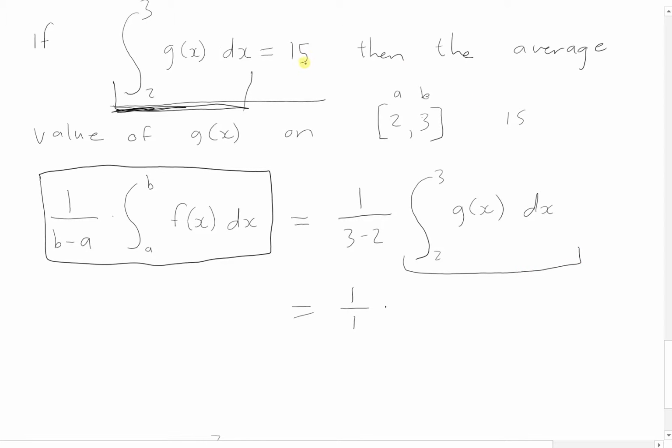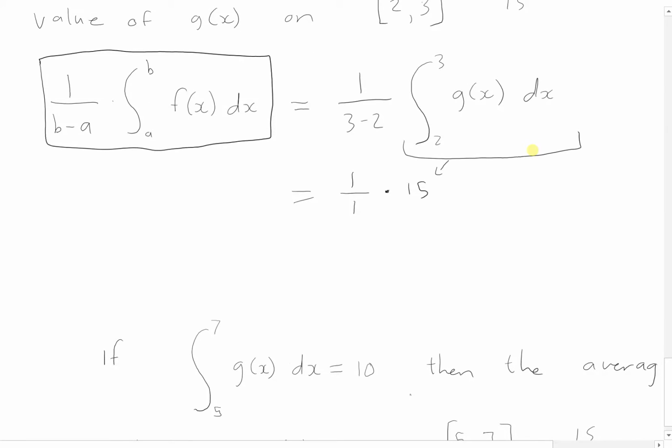They've given us the value already. Usually we'd work through and find that value, but this time they've given it to us. So our answer here is just 15 as the average value.